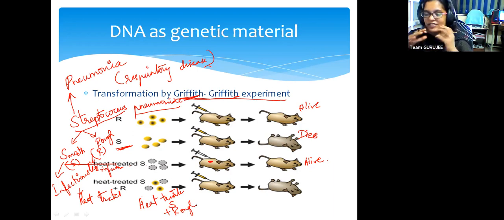Instead, he just treated it with heat. Then he mixed both strains and injected into the mice, and he noticed that the mice dies. Why? What is the reason? Ajit Kumar?